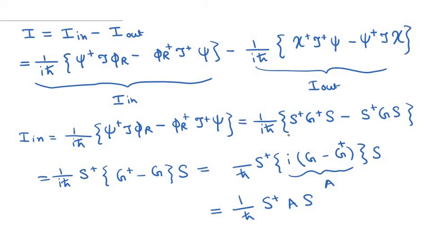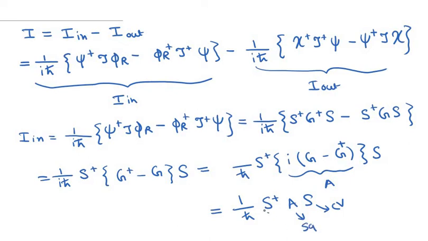Now note that this part is basically a number, although S is a matrix, A is a matrix and S dagger is a matrix, but this total part is a number. Why? Because S is a column vector, and A is a square matrix. A square matrix multiplied by a column vector gives again a column vector, and S dagger is a row vector.